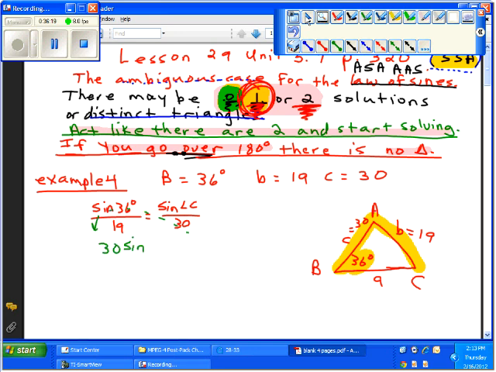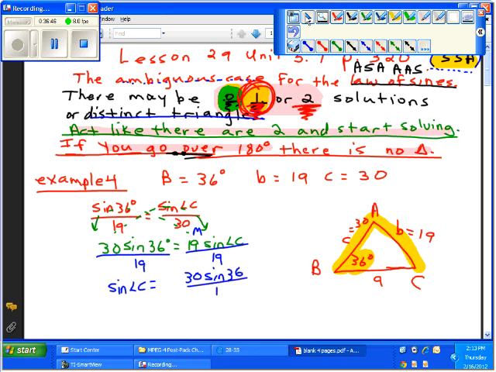We're going to get 30 sine 36 degrees is equal to 19 sine angle C. Now, we want to solve for angle C, so we want the junk off. So we're going to undo multiplication by division. So we're going to divide by 19. We're going to have sine angle C equal 30 sine 36 divided by 19.